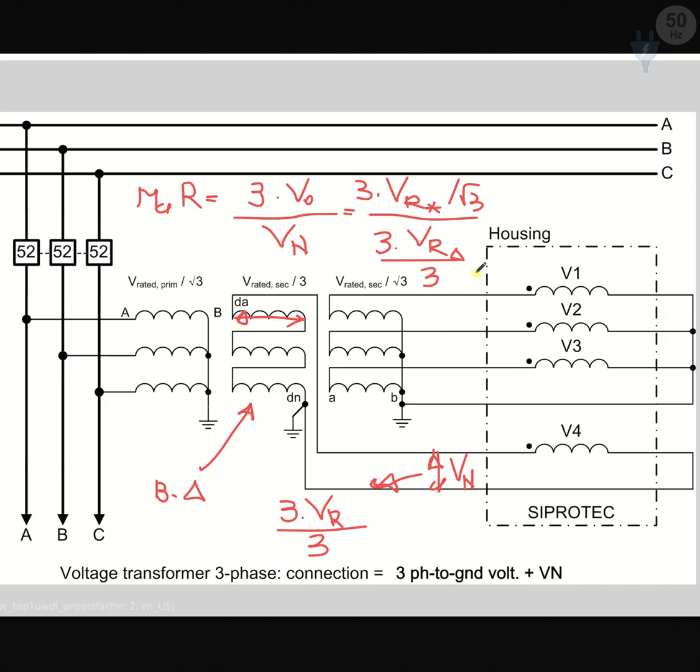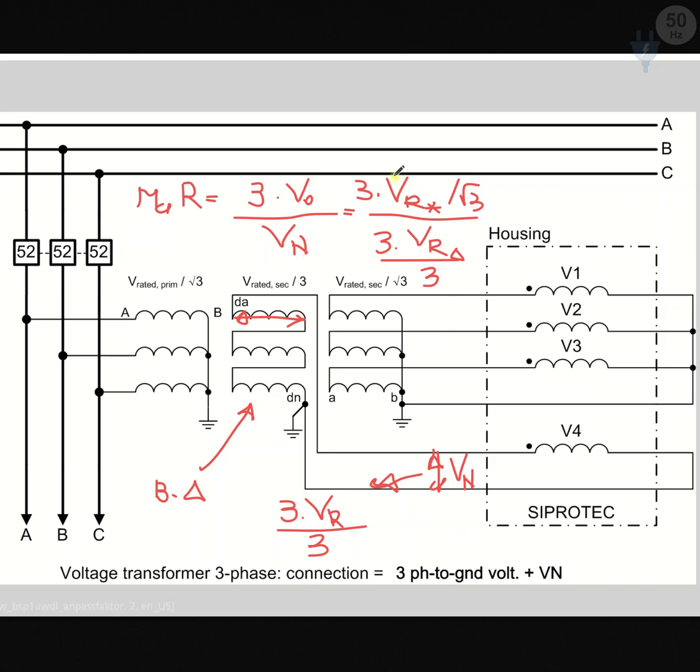Now let's have more details on these V-rated values of the star winding and the broken delta winding. Sorry, it's called broken delta, not open delta. Open delta is another type of winding.